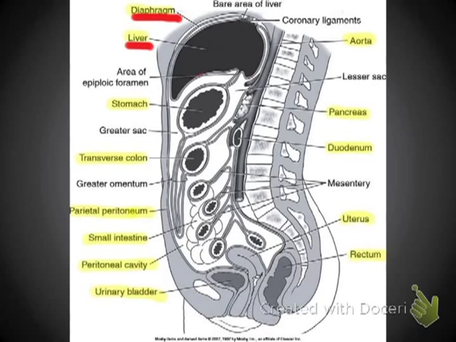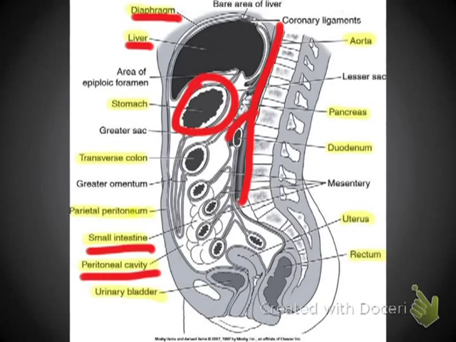We have the stomach, and we have the aorta here with probably the celiac artery there. We don't see the SMA, but we also do have the small intestine, the peritoneal cavity, and as we can see, here's the peritoneal cavity.